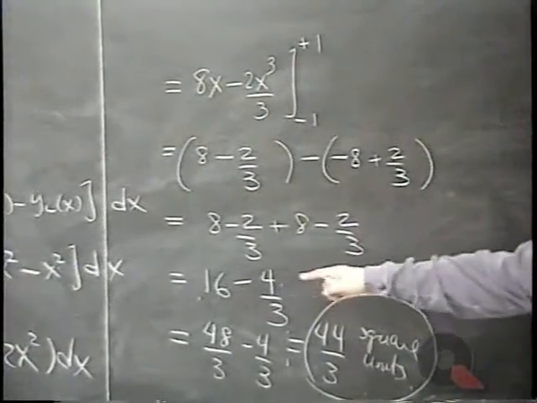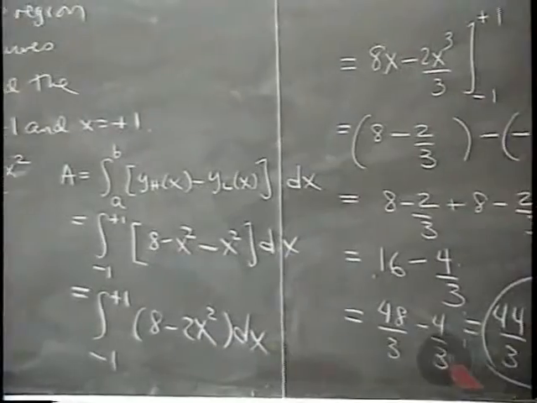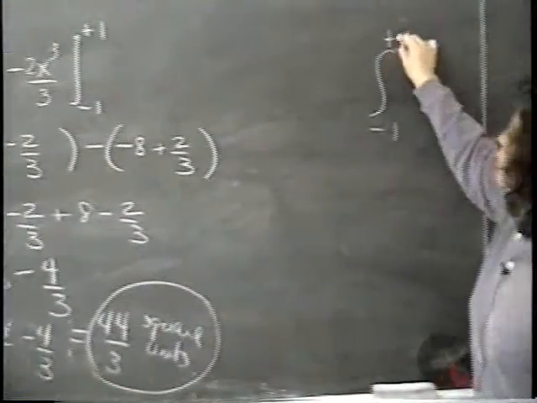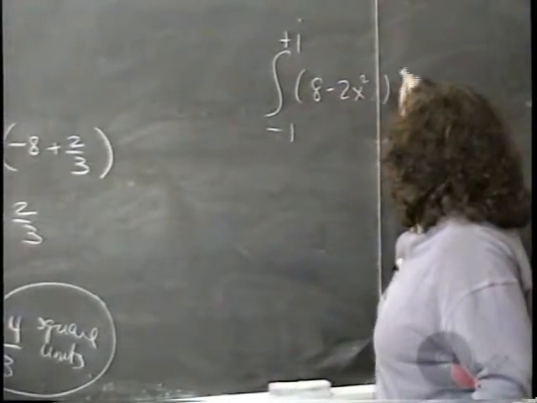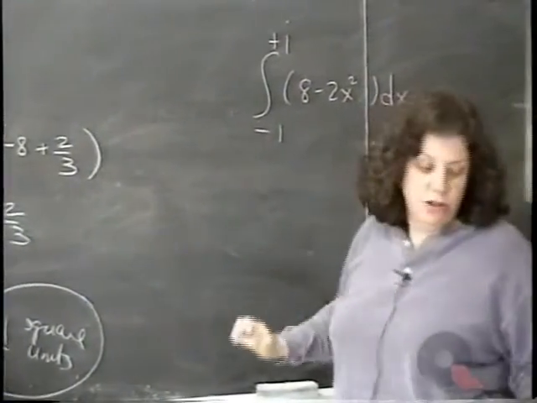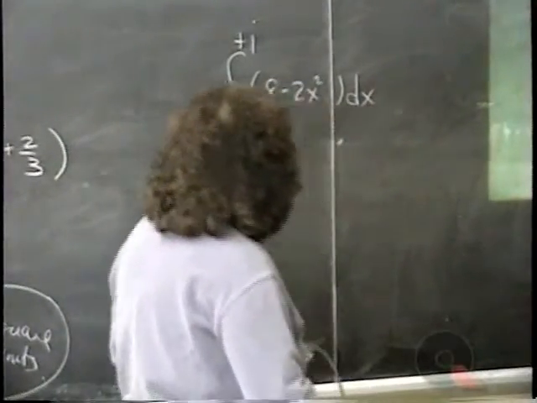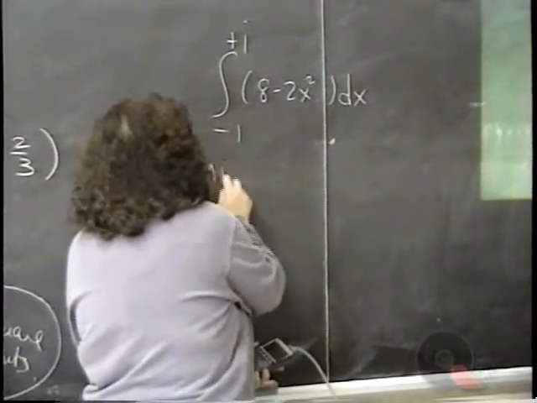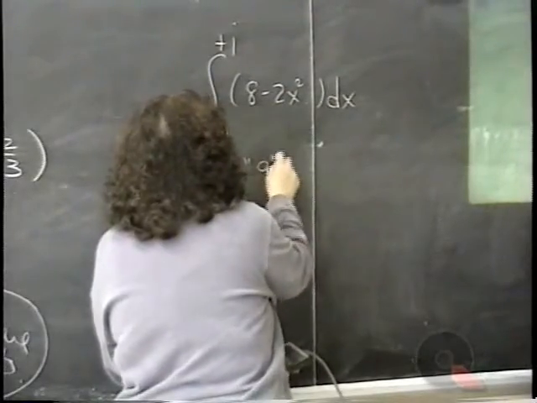I would like to basically integrate 8 minus 2x squared between -1 and +1. This is my goal. I'm looking for the integral from -1 to +1 of 8 minus 2x squared dx. To get the approximation that the calculator gives you, I'm going to hit the math button and then option 9.